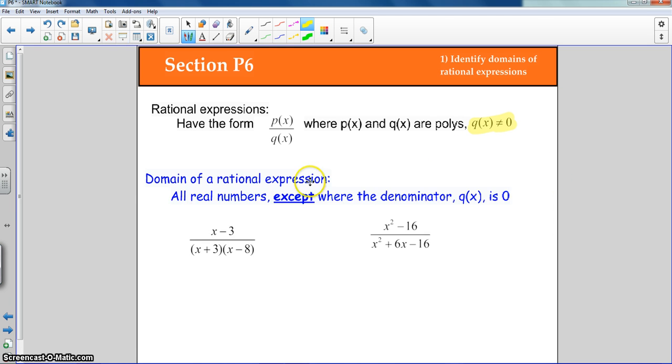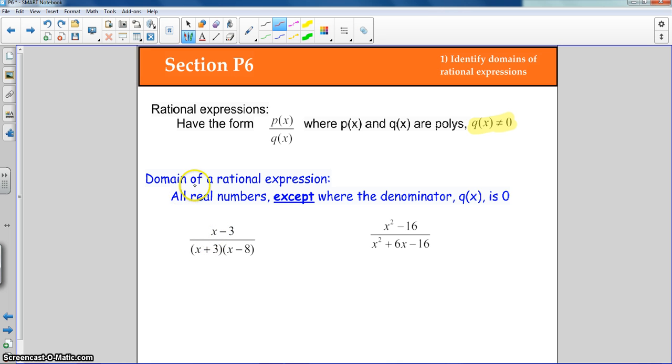Now the first thing that we have to do with the rational expression is talk about where it exists. So again, in order to have something exist, we can't divide by 0. So what we want to do is locate the places where it is 0 and remove those from our domain. So the domain is the set of numbers that you can put in for x and get out a real value.